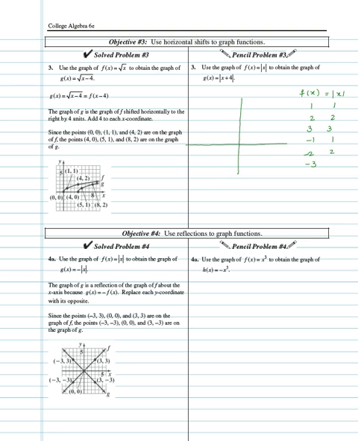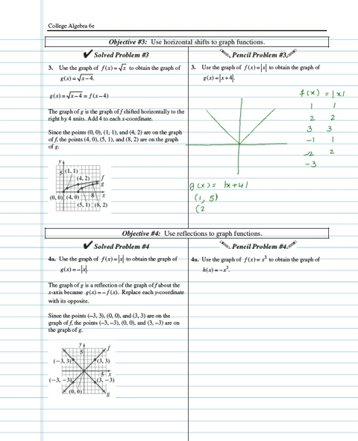So when I plot these points, I'm going to get something like this. And then absolute value of x plus 4. So if I take a couple of values for x, so you can see here, when I take x as 1, my y value is going to be 1 plus 4, which is 5.